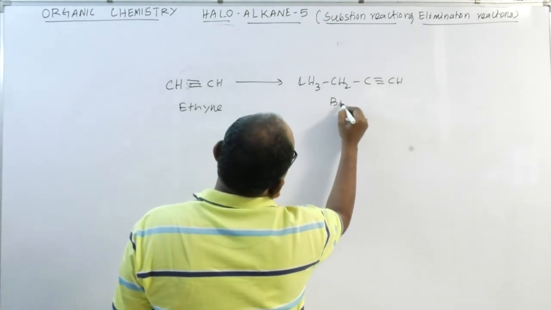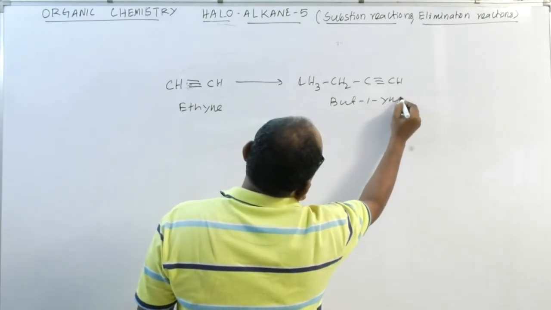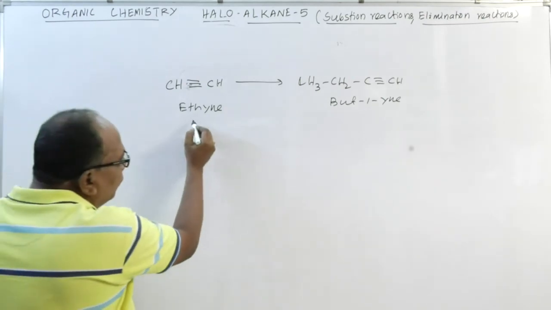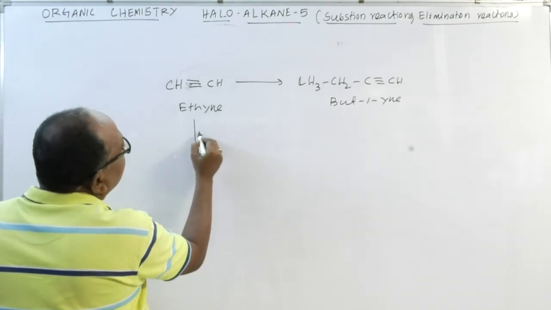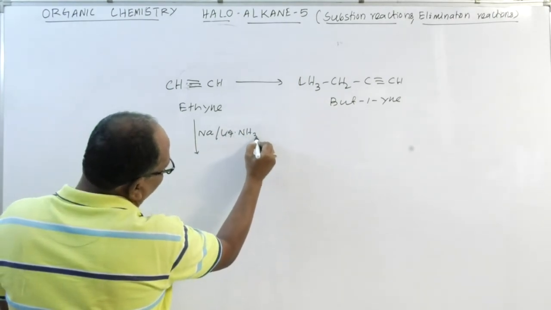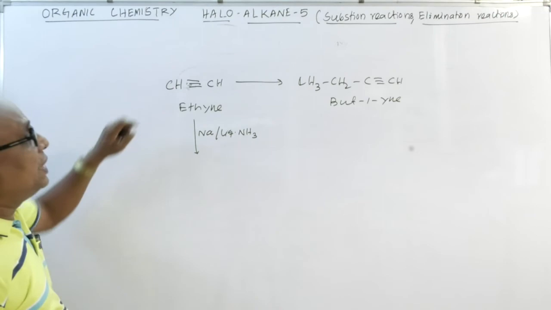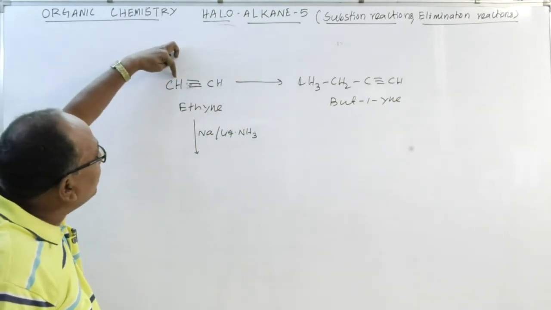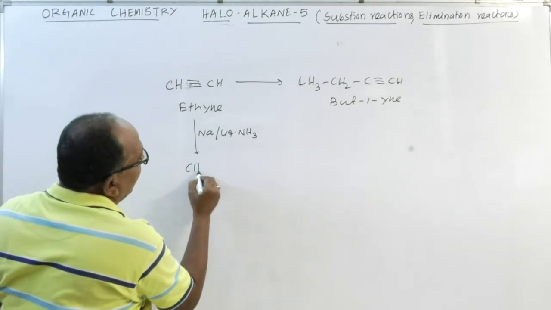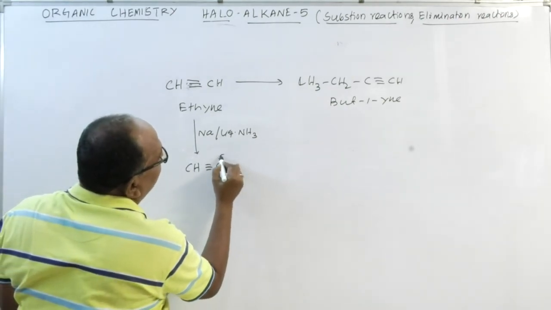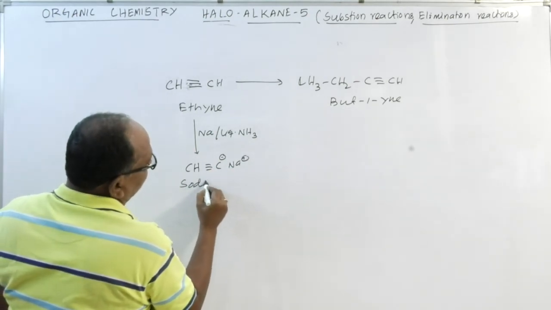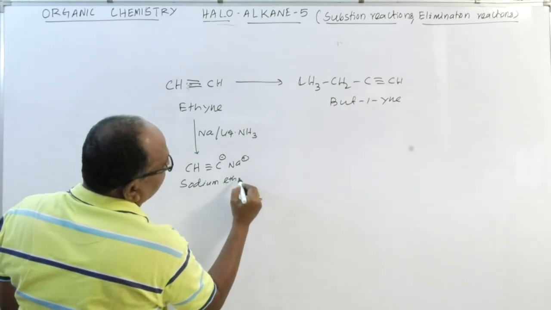This is your but-1-yne. Can you convert? Very easy. First you take this ethyne, treat it with sodium in liquid ammonia. This hydrogen atom can be replaced by sodium, that gives you CH triple bond C minus Na plus. This is called sodium ethynide.